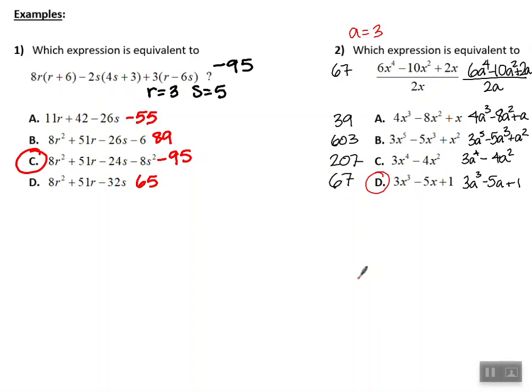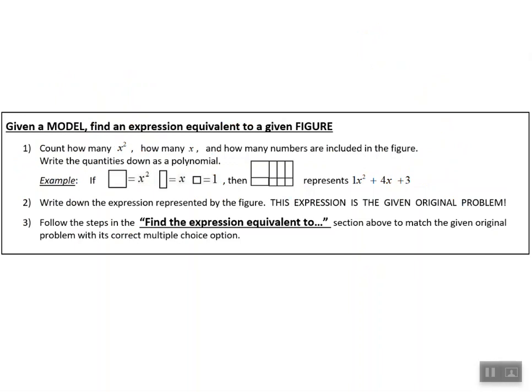So let's look at one different type of problem. If you are given a model and you want to find an expression that is equivalent to the figure, you will sometimes see problems involving these squares and rectangles. It will give you a key.